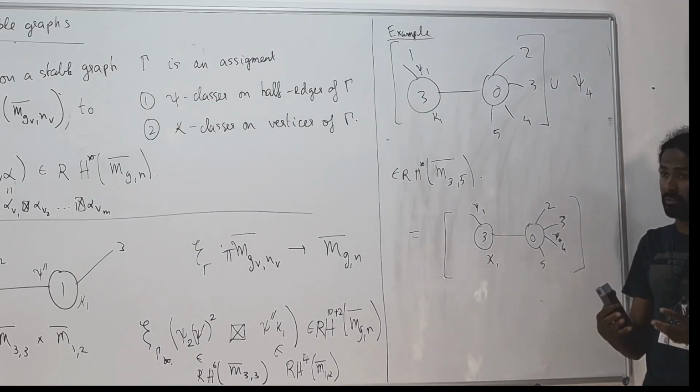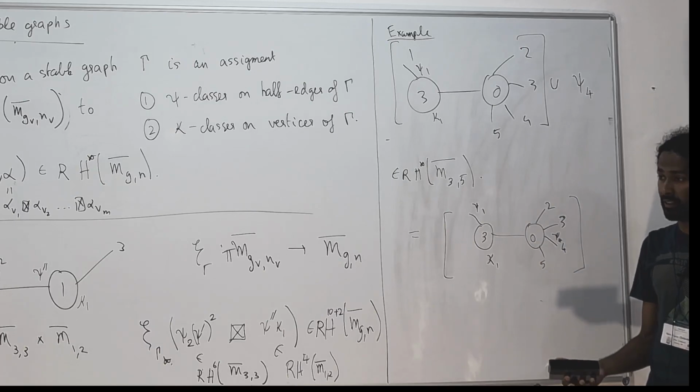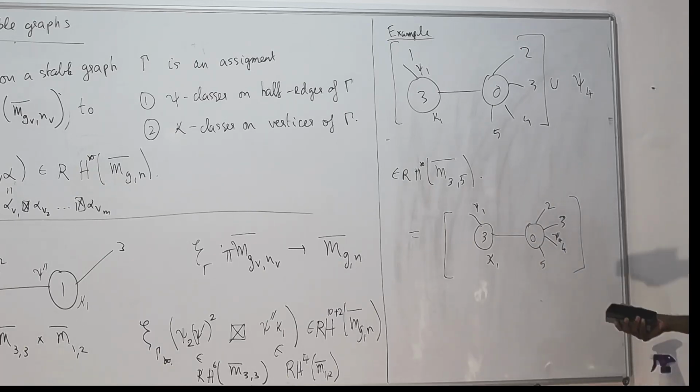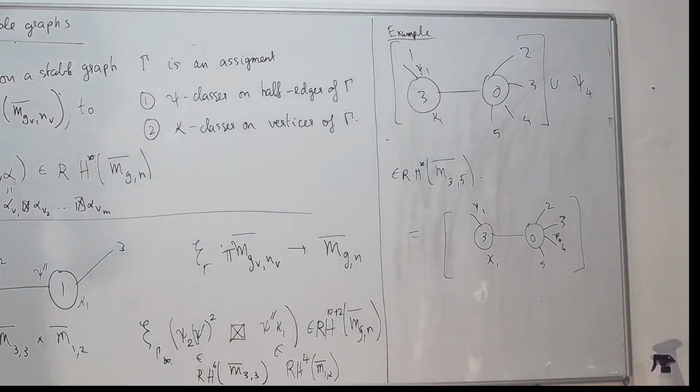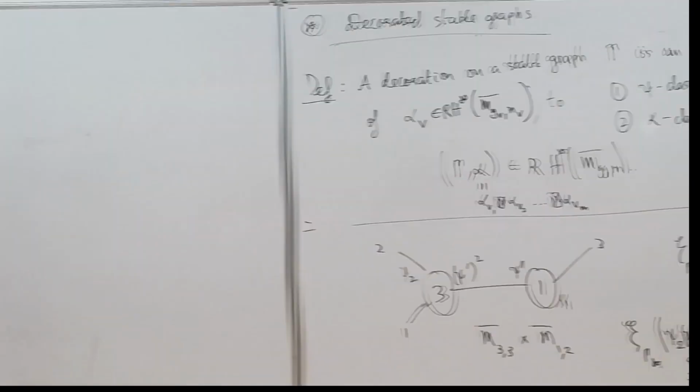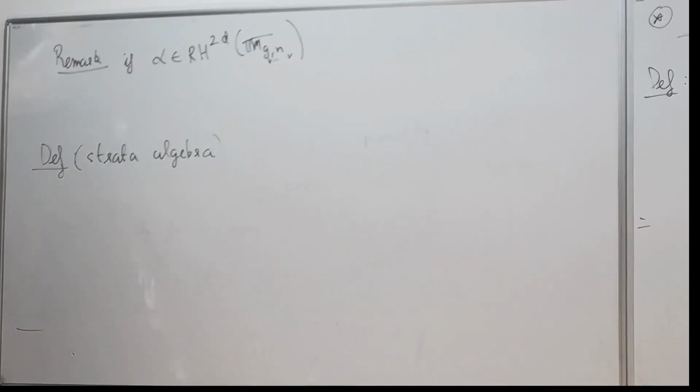It would be associated with the vertex of a stable graph, and then it's a bit more complicated. It depends on the graph that it's coming from. You have to take some kind of sum over graphs. So it's combinatorial.